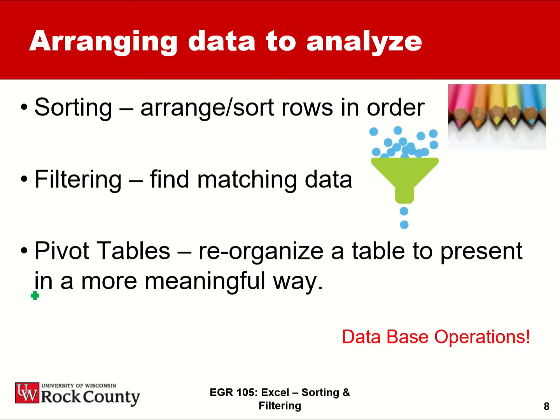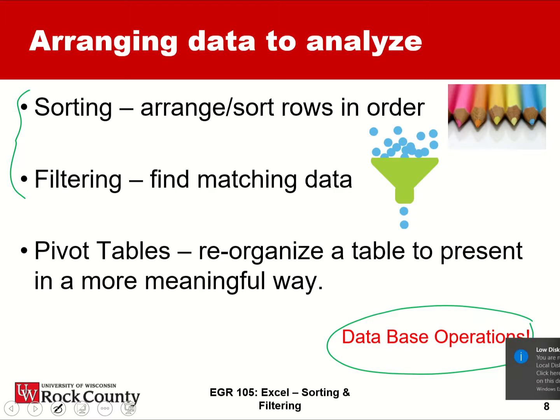We'll skip that for right now. But all of this is really database operations. All of this data sorting and filtering are database operations. You may know another program, or maybe you don't. It's called Microsoft Access, which is a database program. But we can use Excel also as a database program.